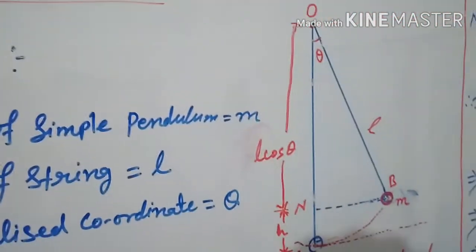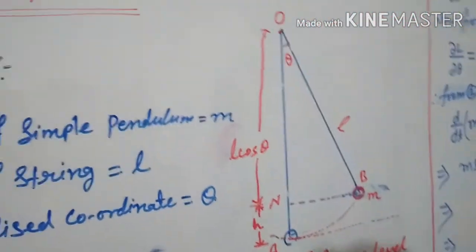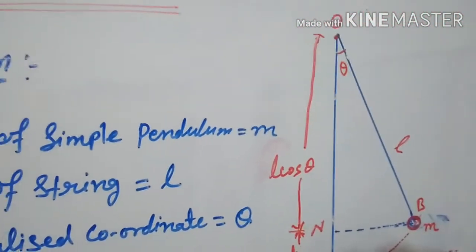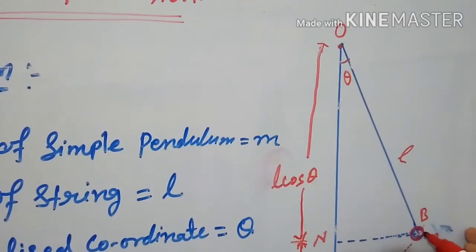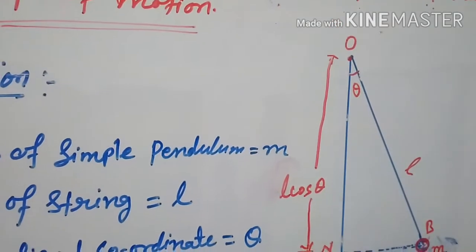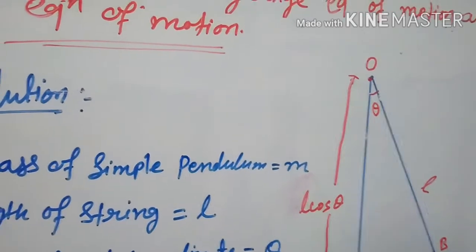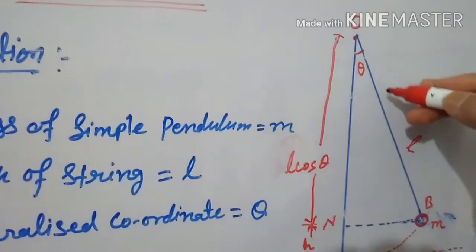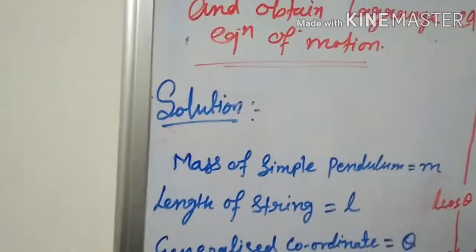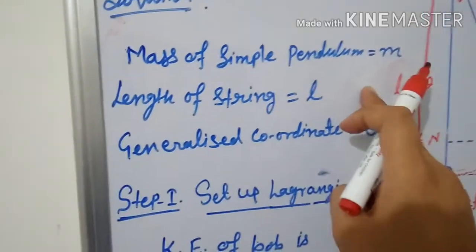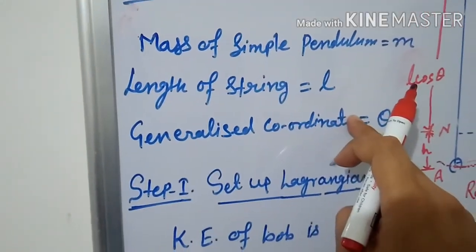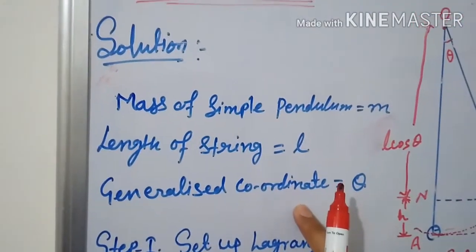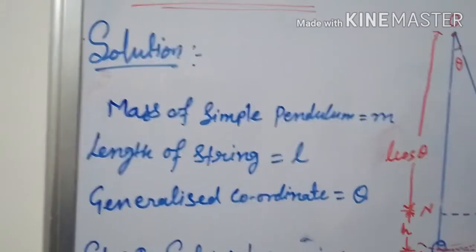For this, we consider a diagram which is displayed on your screen. In this diagram, we have a bob of mass m and it's hung with a string of length L. So mass of the simple pendulum is equal to m, length of string is equal to L, and here the generalized coordinate is defined as theta.